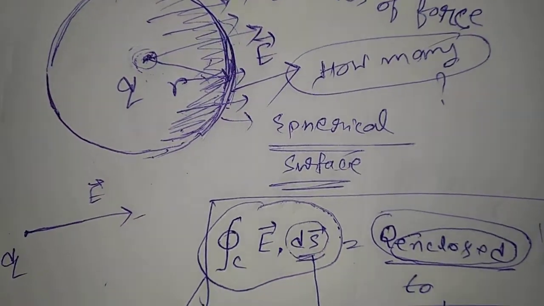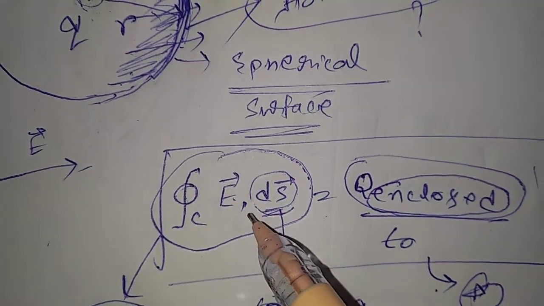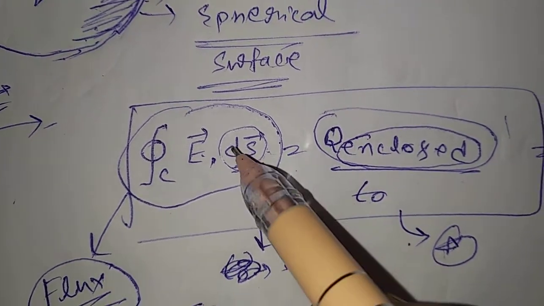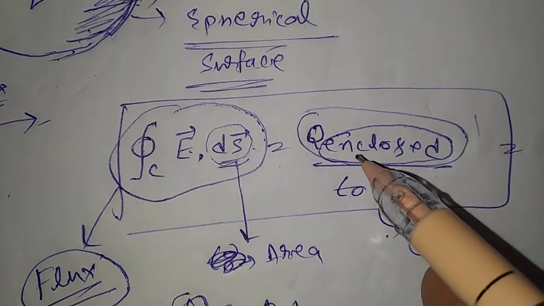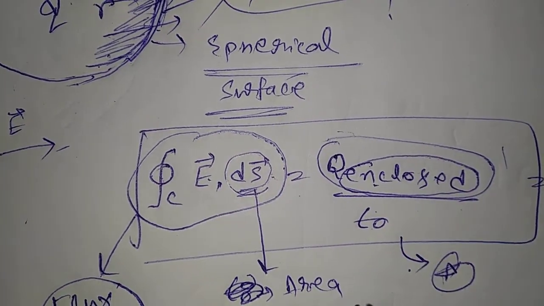We will calculate that by a law or a relation, that is, the closed loop integral of the electric field vector E dot ds equals q enclosed by epsilon naught. So what is that? I am going to explain.